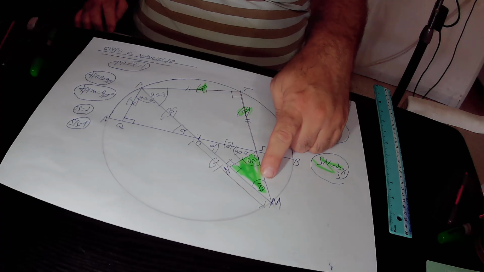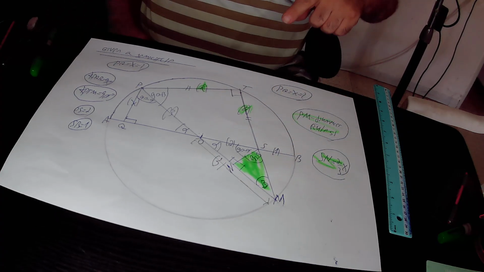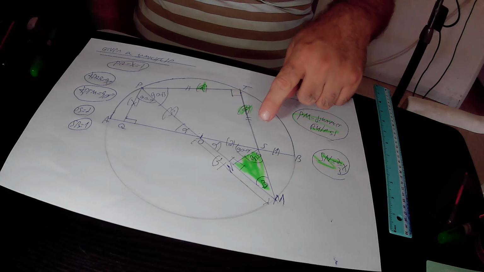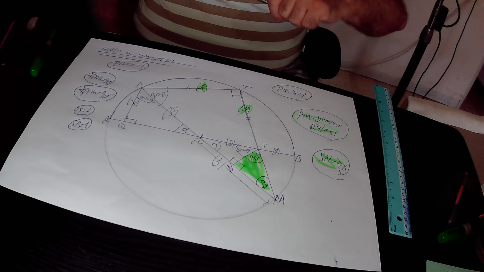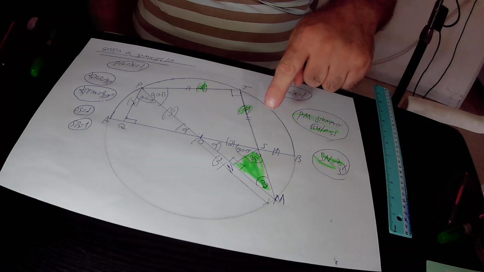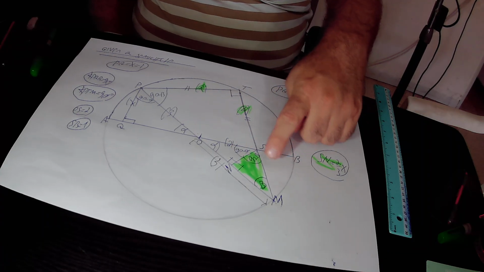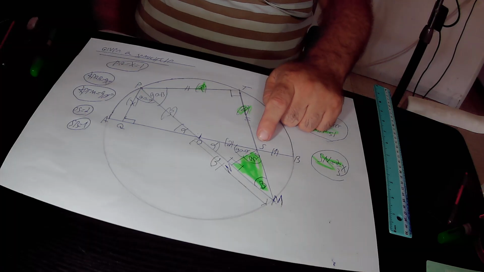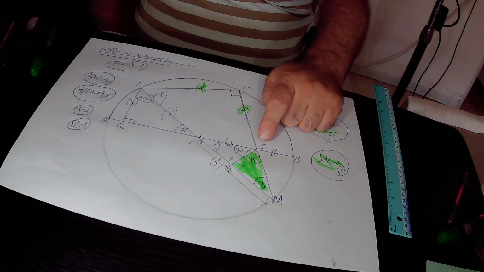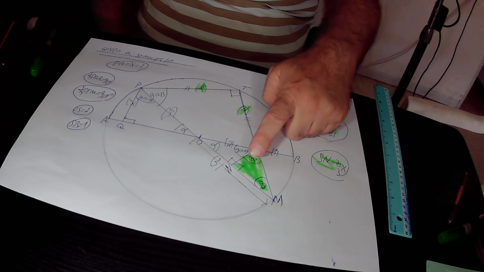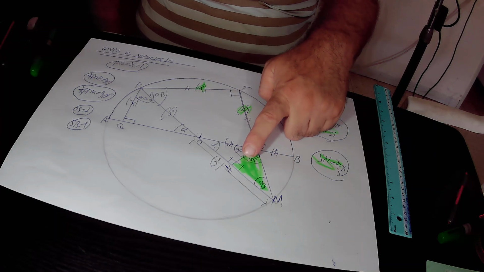In the next step, we define the size of this angle as beta, and focus on the small green right triangle SNM. In the small green triangle SNM, this angle equals beta, this angle equals 90 degrees, and therefore this vertex angle must be equal to 90 degrees minus beta. Why? Because 90 degrees minus beta plus beta is 90 degrees, and 90 degrees plus 90 degrees is equal to 180 degrees.